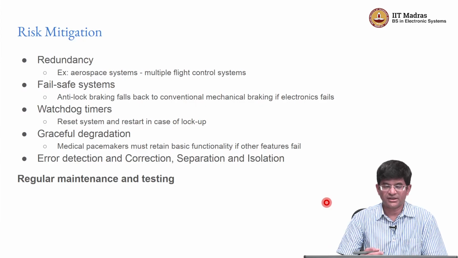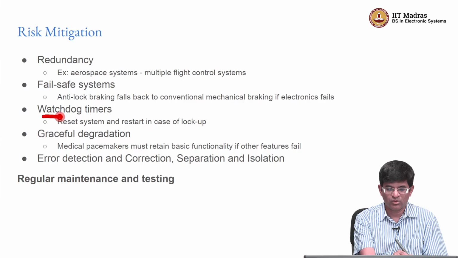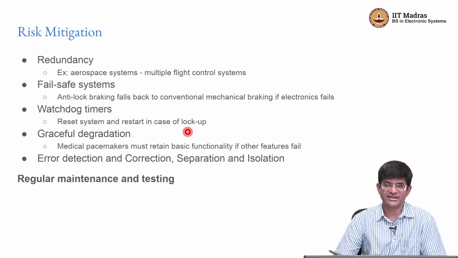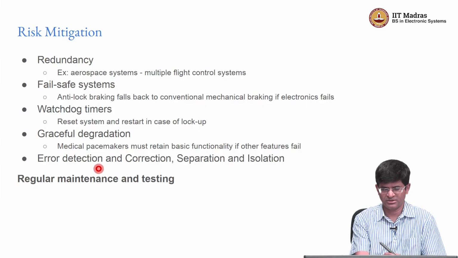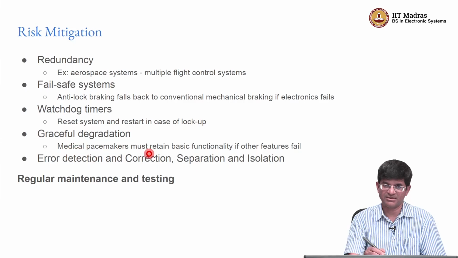There are a number of other recovery mechanisms. For example, watchdog timers, which we have already discussed, essentially can be used in order to reset the system and restart in case of lockup, that is going into an infinite loop or something else where the software becomes unresponsive. And graceful degradation is very closely related to the idea of fail-safe systems. Essentially an example of that would be medical pacemakers.